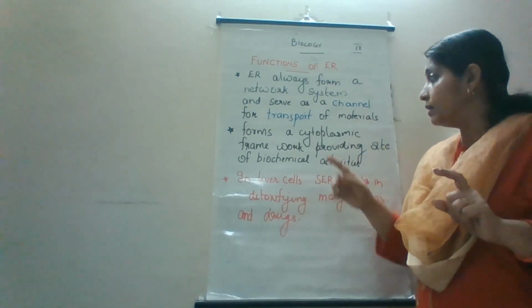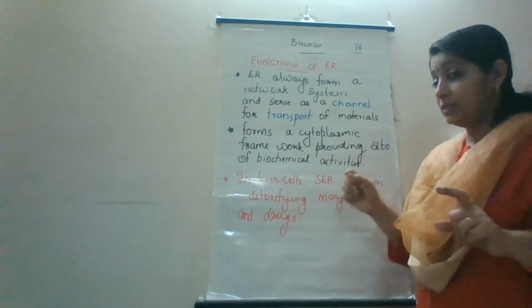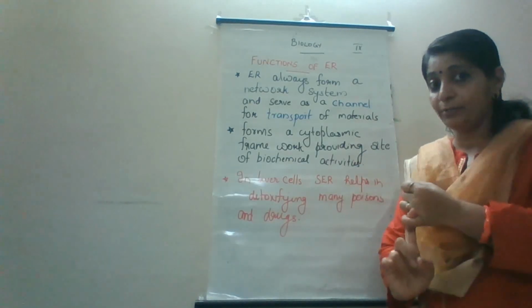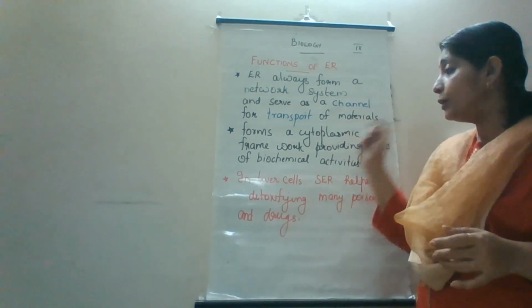Second function is it forms a cytoplasmic framework providing a site for various biochemical activities. One of the biochemical activities we know is protein synthesis, that takes place in the endoplasmic reticulum.